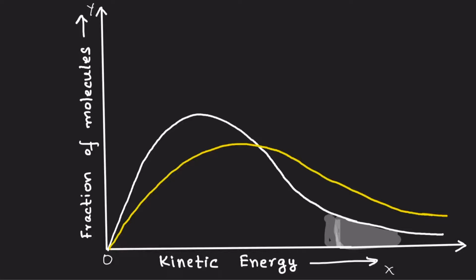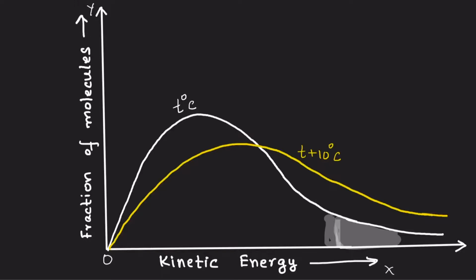Now what is this graph in yellow? Yes, this is just the graph which will develop when you change the temperature by 10 degrees Celsius. So this is my original graph at T degrees Celsius, and the graph in yellow would be my graph of the distribution of energy of the particles when you increase the temperature by 10 degrees Celsius.